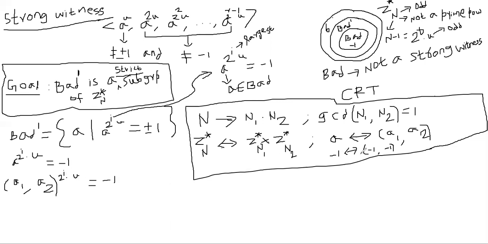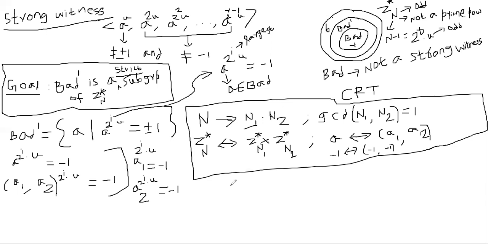Okay, what does it tell us? This implies that A1 to the power 2^i times u is equal to -1 in mod n1. That's important. This is the first factor, n1. And A2 to the power 2^i times u is equal to -1 in mod n2. That's because of the Chinese remainder theorem.